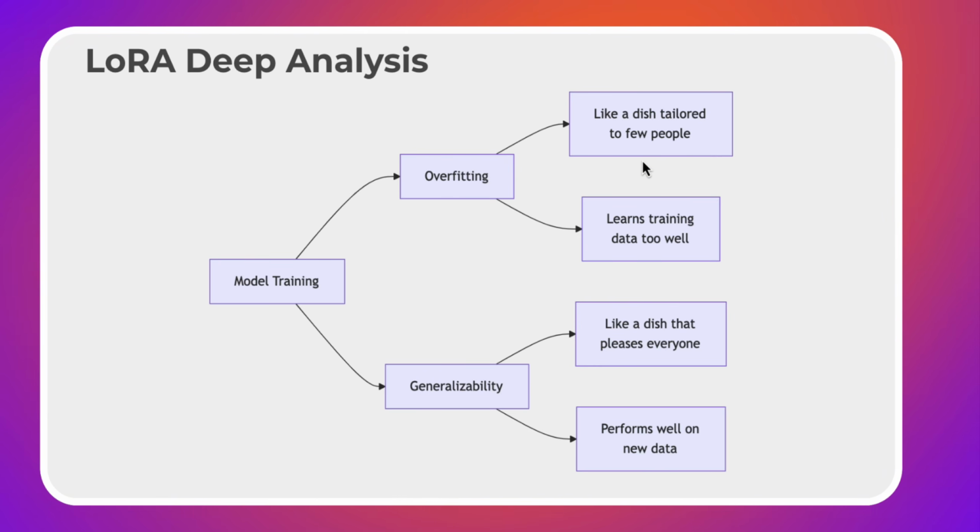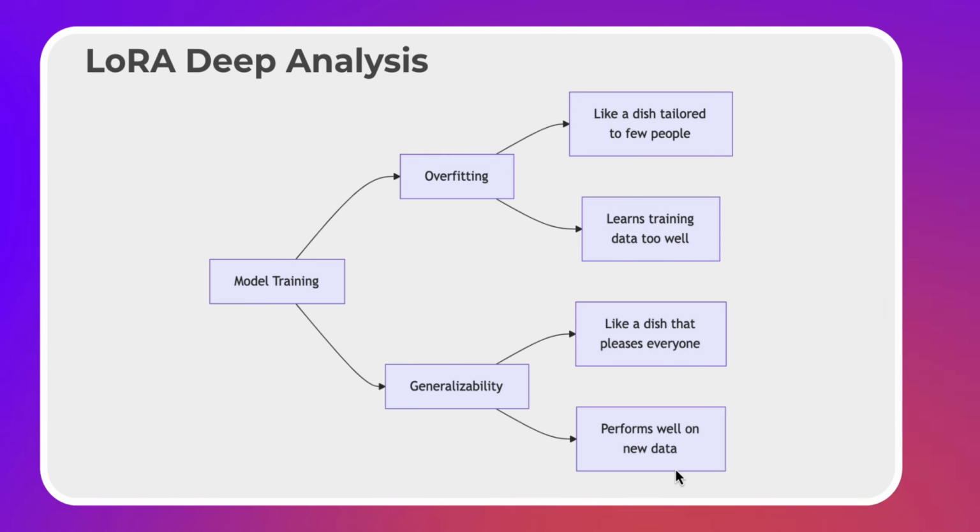What does that really mean? It learns the training data too well because it has to be very specific to tailor to very specific people. Now, if we go to the generalizability level, this is like a dish that pleases everyone. Everyone likes the dish. What does it mean? It performs well on new data.